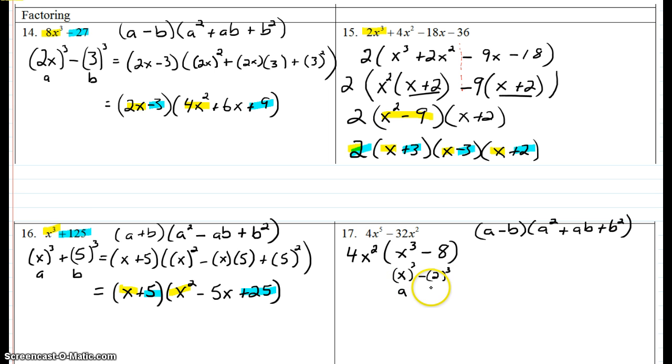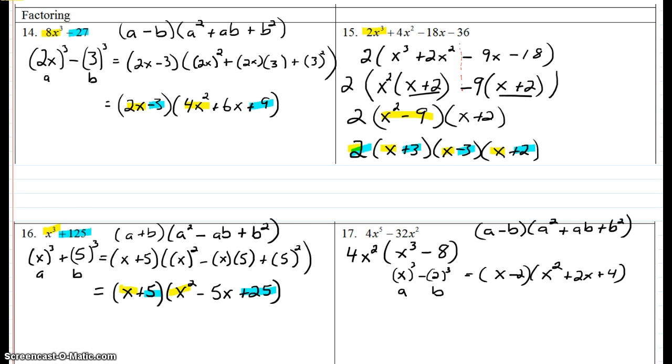So x is my A, 2 is my B. And so this is going to become x minus 2. And so a squared is just going to be x squared. AB is just x times 2, so we'll just go ahead and write 2x. And then b squared is just 2 times 2, which is 4.